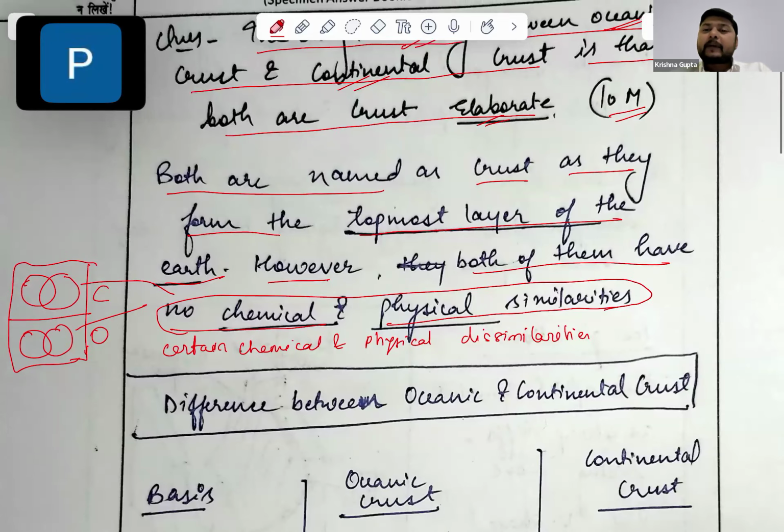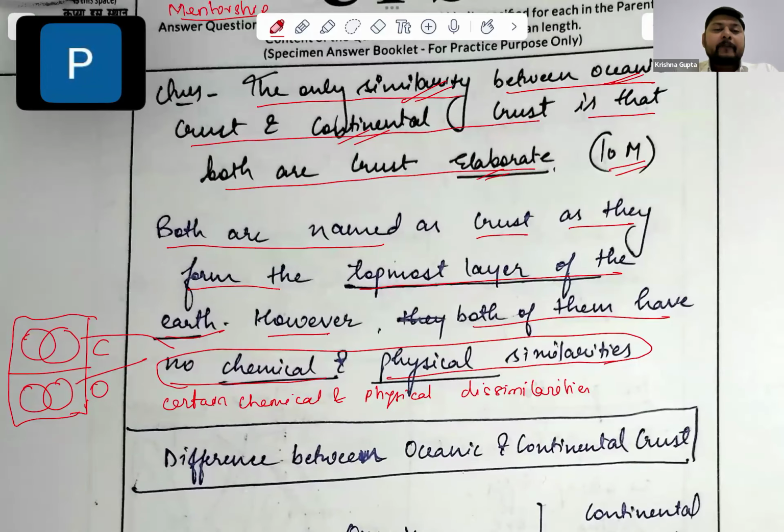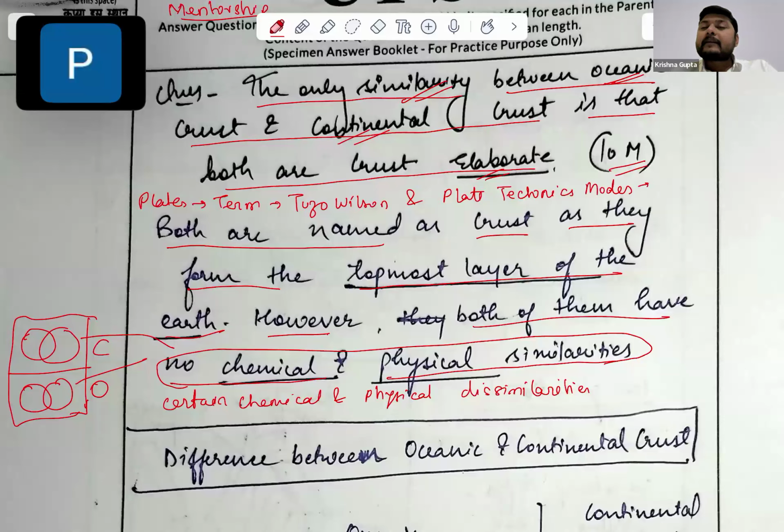Second thing, I would like to say that in the introduction you can provide the plate term. The term plate was given by Tuzo Wilson, and it is studied under the plate tectonics model, where various other geographers like Morgan, McKenzie, and Parker were also involved.